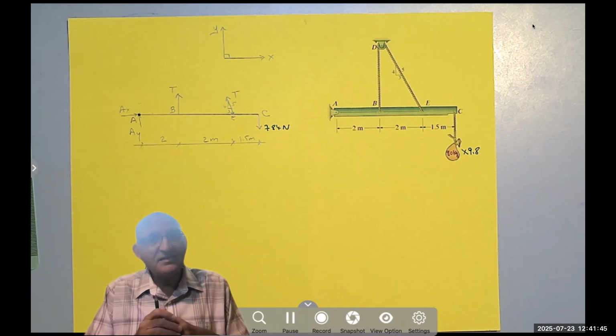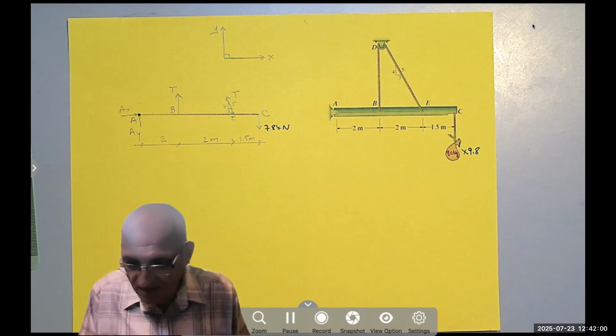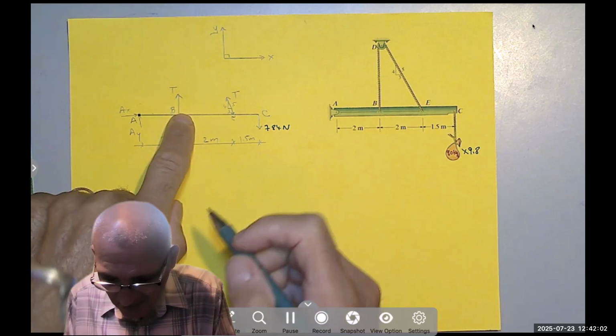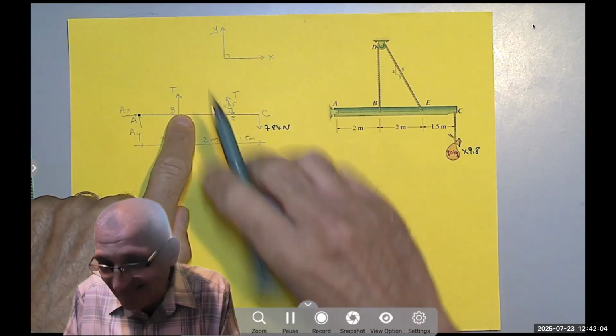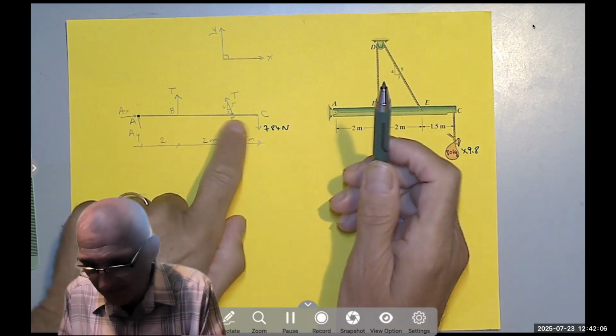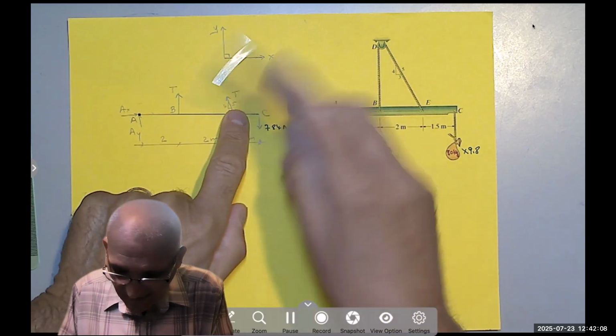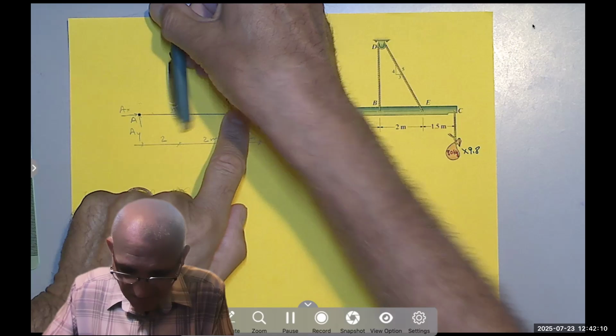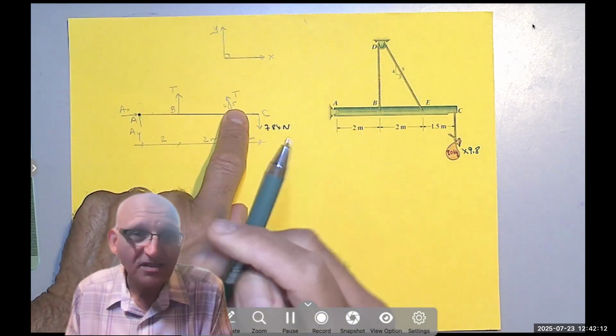In fact, is there another point you can take the moment about? No? I don't think so. Because if you say about B, then Ay has a moment and this T has a moment. If you take the moment about E, then this force produces a moment and Ay produces a moment.